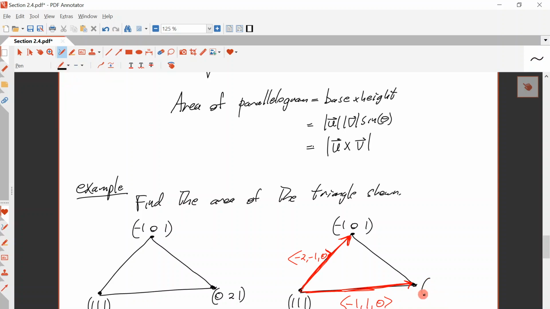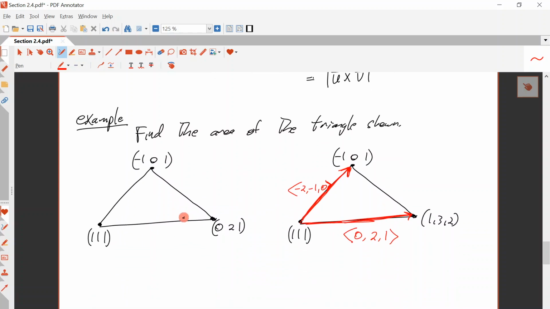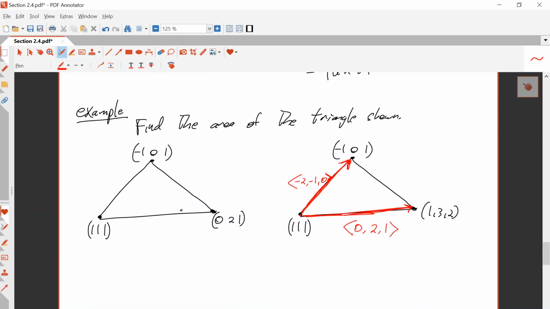So now this is 0, 2, 1. So now I've got these two vectors here.